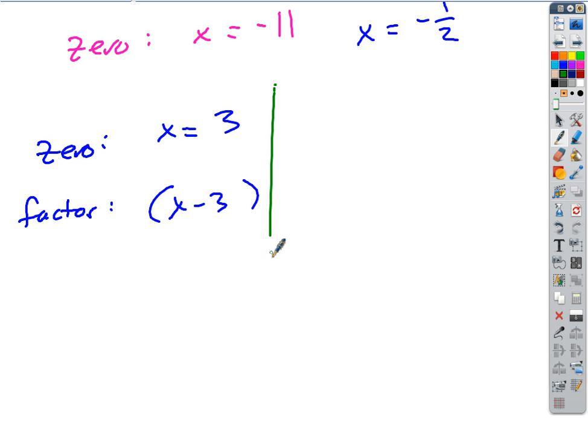What about this one? What if we have x equals negative 2? x plus 2, which is the same thing as x minus negative 2, right? So it's easy. If we want to get the factor, all we're doing is subtracting the zero from x. Now here's my bonus one. What about this?